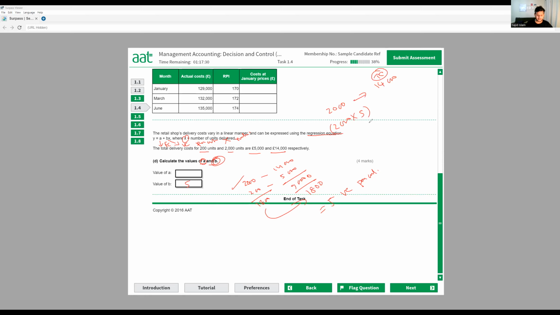So 2000 times 5 is 10,000. 10,000 is my total variable cost. If I subtract the variable cost from the total cost, the remaining will be my fixed cost, 4,000.